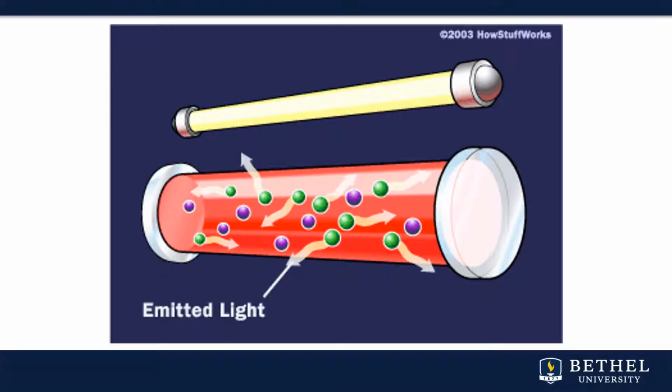We apply heat with this up here, and when that heat is applied, the electrons move to a more excited state, and then as they relax back down, we get a release of the photons. The green balls are the emitted light, or the photons that are being emitted as the electrons come back down to their orbit.